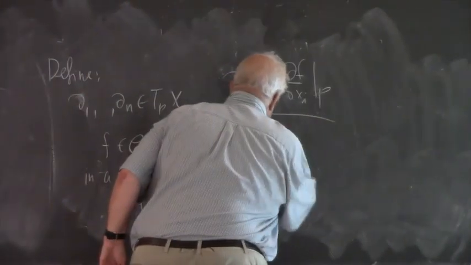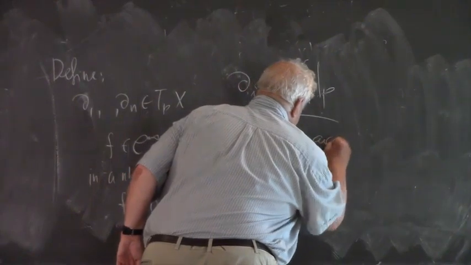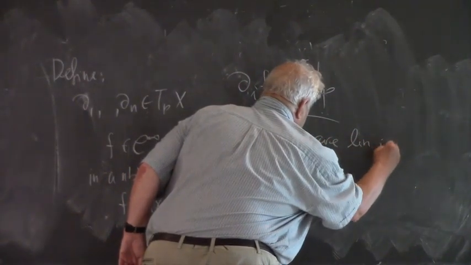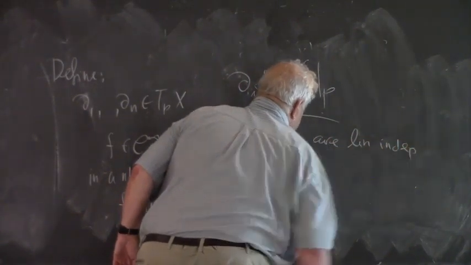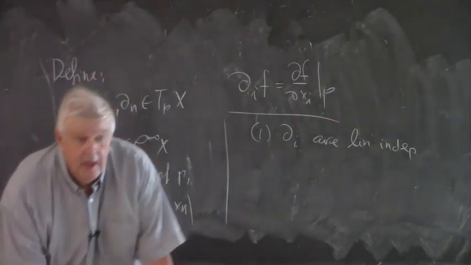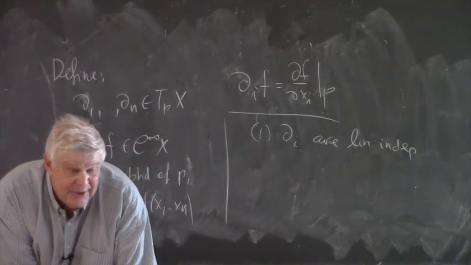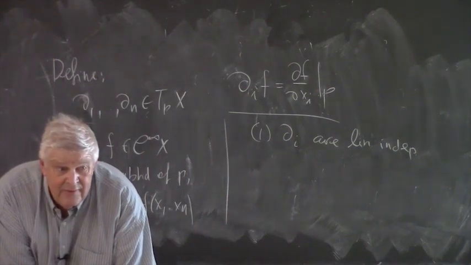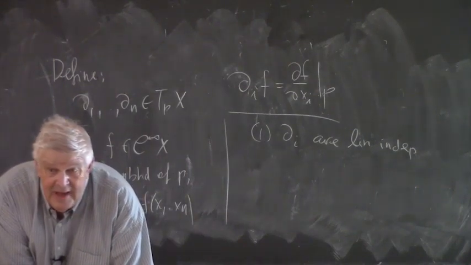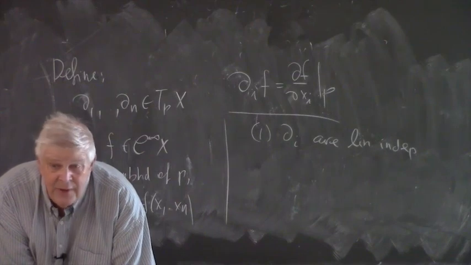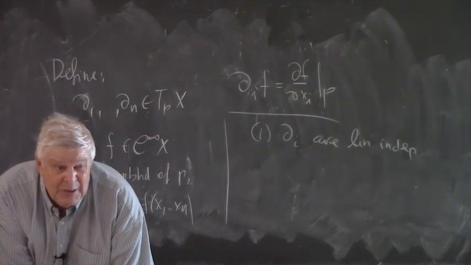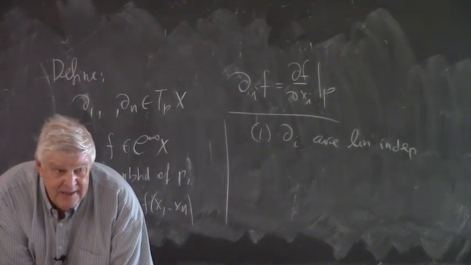So first, the di's are linearly independent. You remember tangent vectors, and the di in particular, can be applied to locally given functions. Local coordinates are functions which are defined where they are defined.